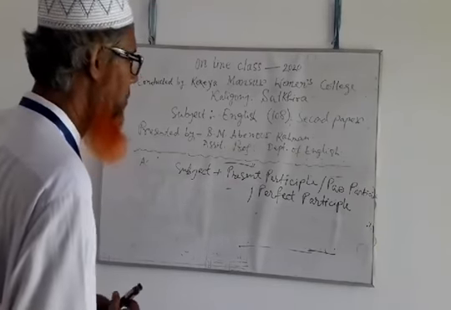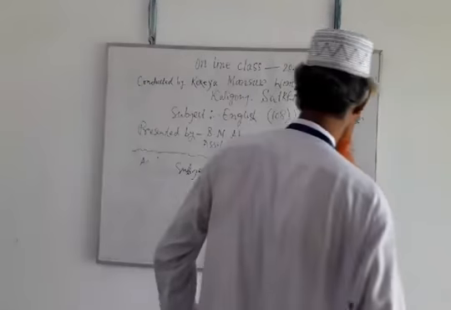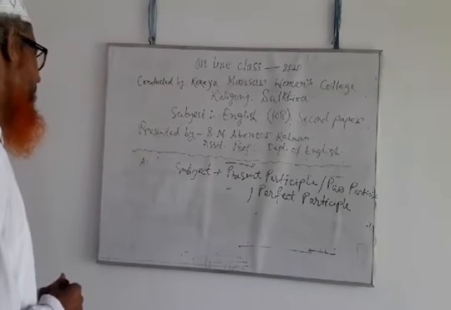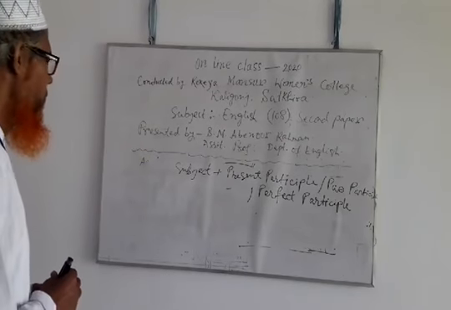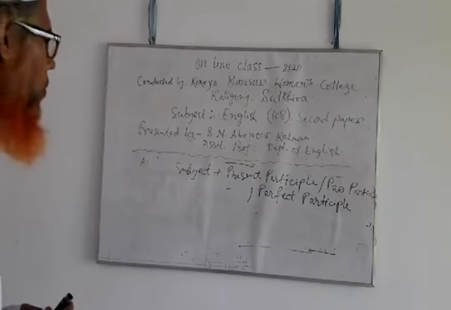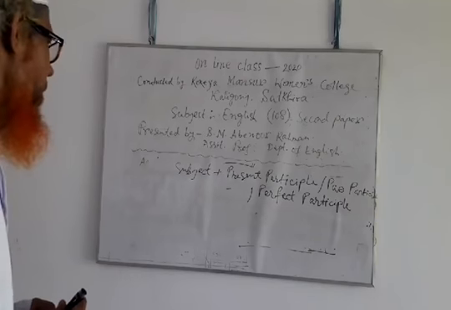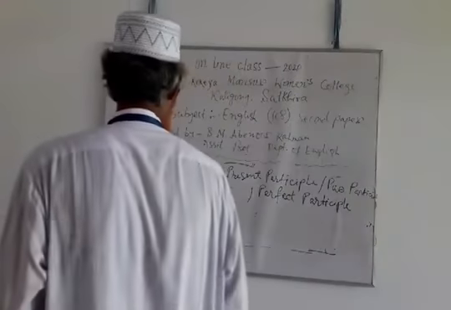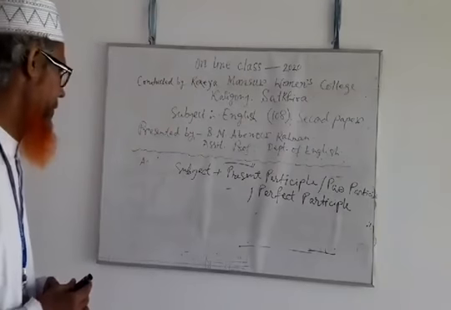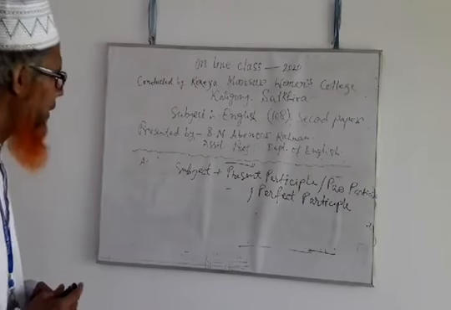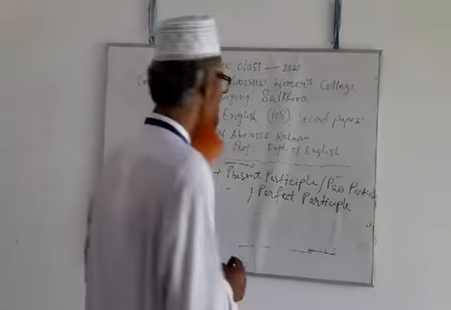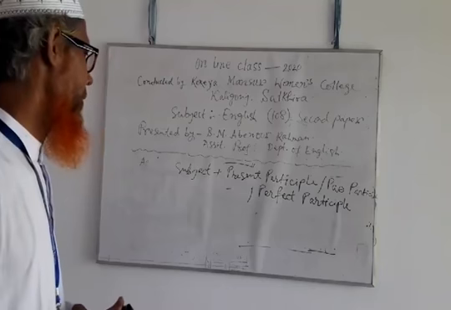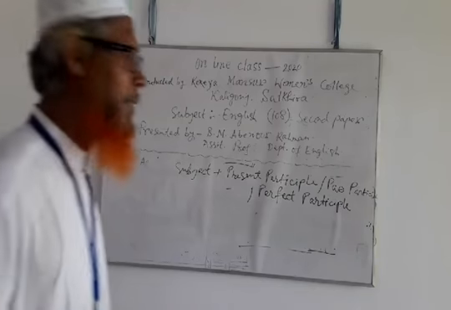Relative pronouns are who, whom, whose, who is, that, etc. If the subject indicates any person, we have to use the relative pronoun who, whom, or whose. But if the subject indicates a thing or material, then we have to use the relative pronoun which or that. After using the subject, we have to use helping verbs according to the sense or according to the tense.